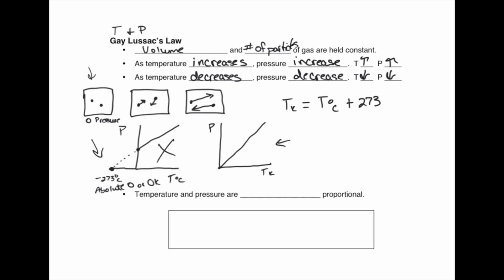So that means that in any gas law problem, you need to convert your temperature in degrees Celsius to Kelvin using this formula right here, right? And this relationship then are directly proportional, right? As one goes up, the other goes up. As one goes down, the other goes down, right?